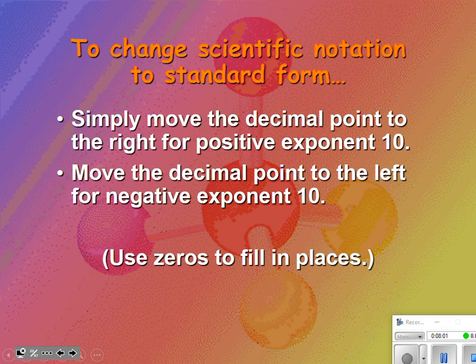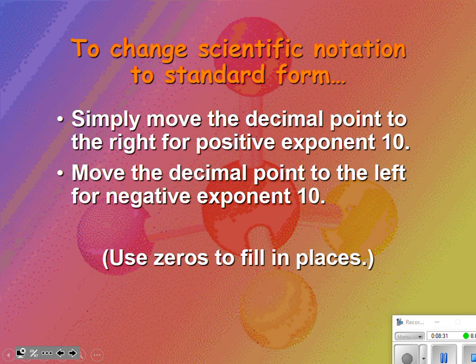Now working the other way. Changing from scientific notation to standard form, we simply move the decimal point to the right for a positive exponent and move the decimal point to the left for a negative exponent and use zeros to fill in.